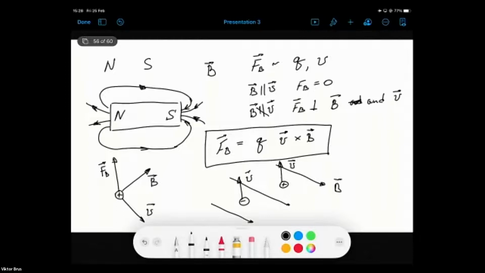For the positive charge, the orientation of the magnetic force vector will be to the right. Let's assume this direction to the right.